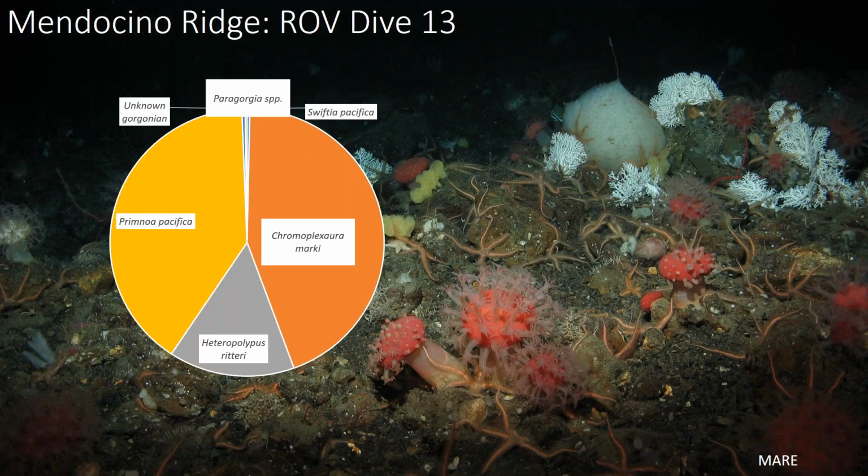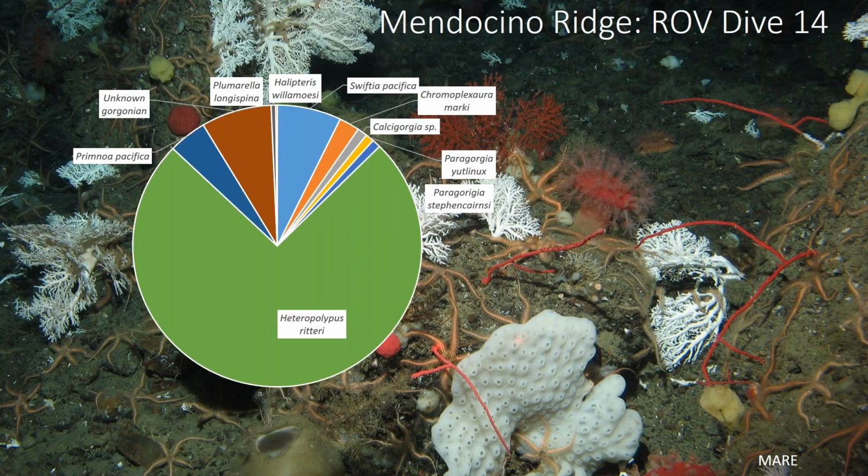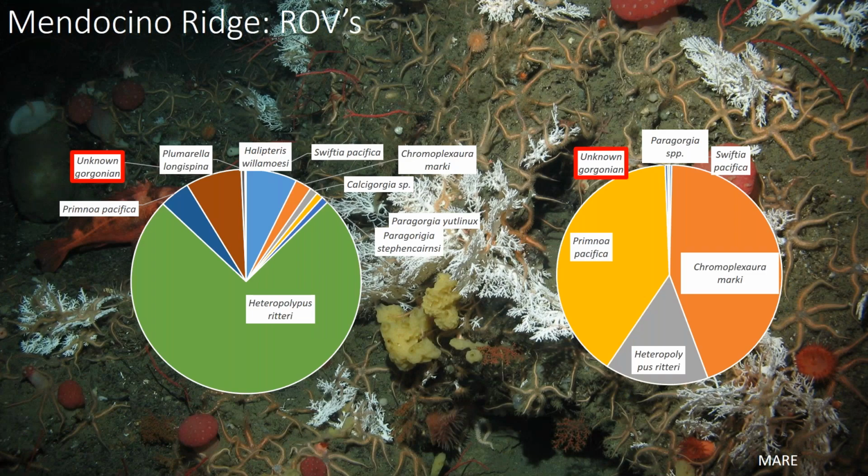We also successfully were able to identify octocoral species out of the 2 eDNA samples we collected with the ROV. Again, we're seeing a lot of Primnoa, we see a lot of soft corals, we start seeing some of the bubblegum corals. And what I really want to highlight here is we also are seeing what I've put here and highlighted as unknown gorgonian.